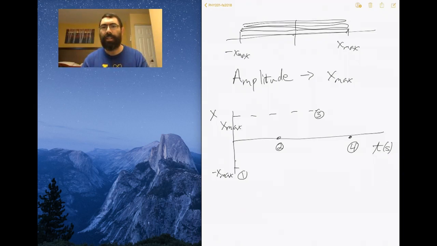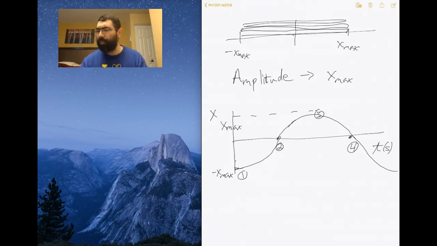So what we're going to find is that it's not linear. In terms of position, it moves kind of slowly to start off, and then it speeds up, and then it speeds up some more, and then stops, and then it slowly moves and it speeds up. So what we get is something that's more of a sine or cosine wave.